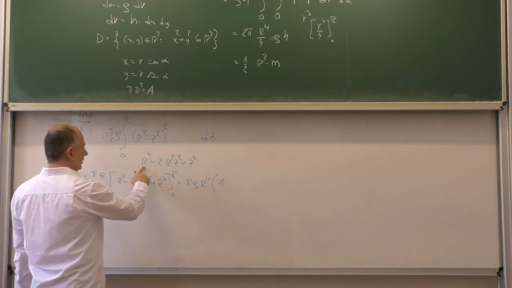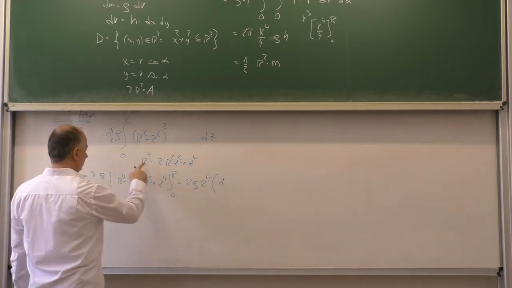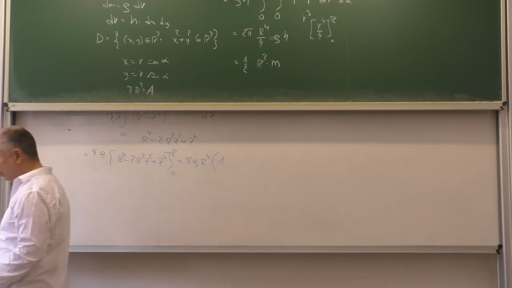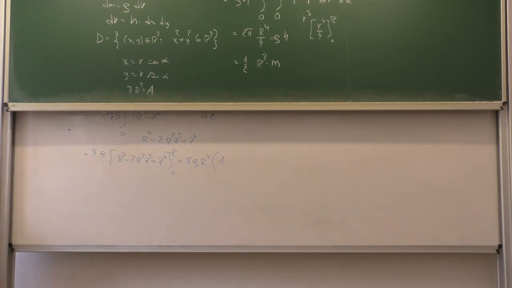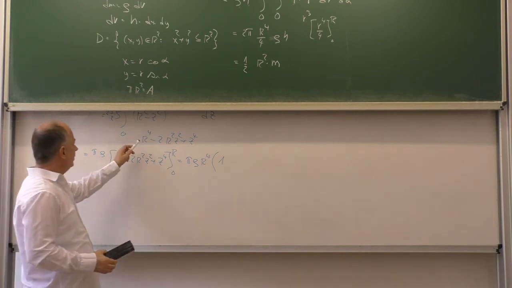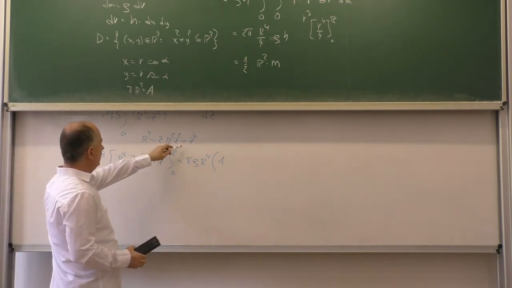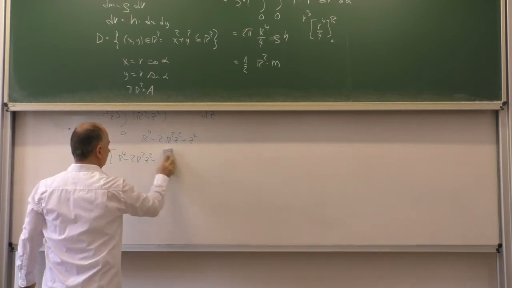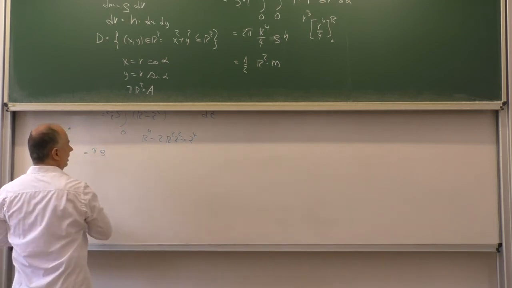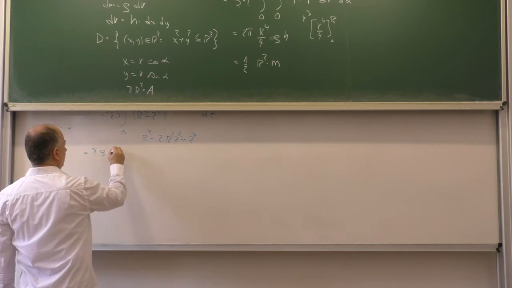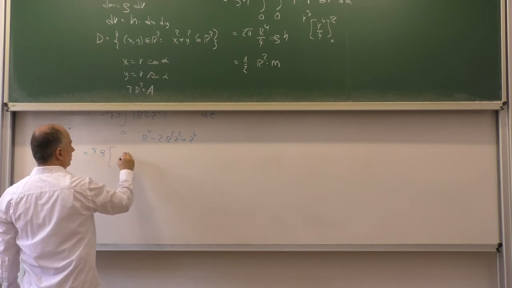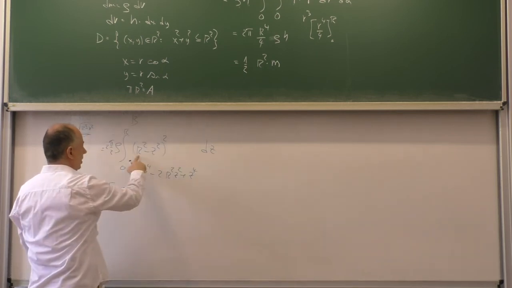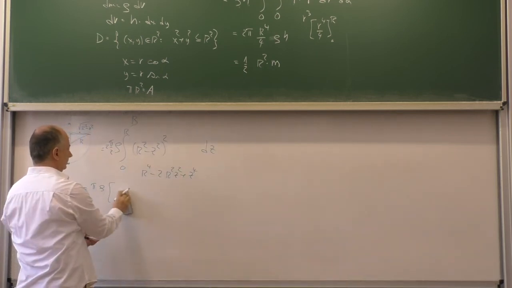Sorry. This is the integrated function. The integrated function is R squared minus z squared, squared. But then the integrated function is... We said R is a constant.